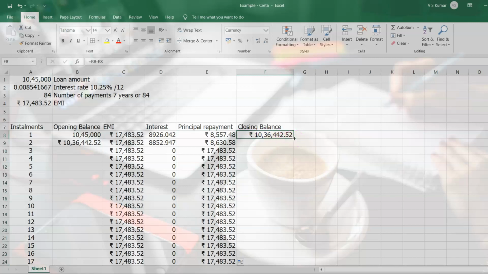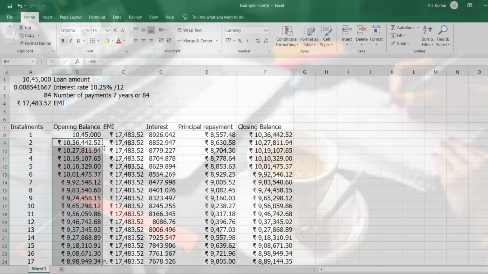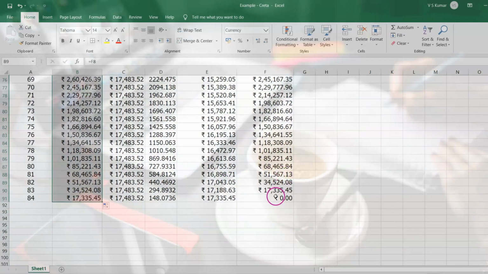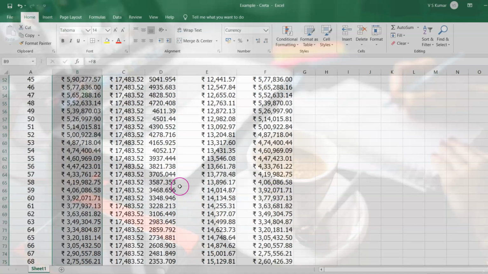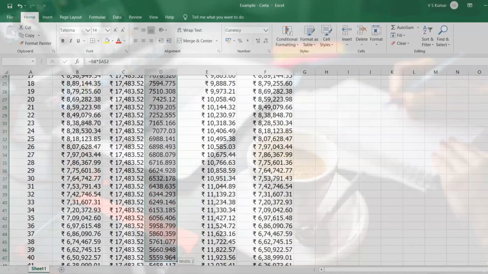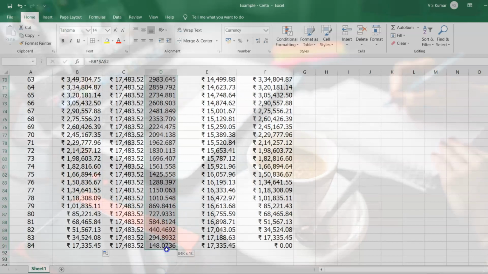Closing balance of the previous month will become opening balance for the next month. So on the 84th month, the scheduled outstanding balance shows 0. In the interest column, it shows more than 3 digits after the decimal point, so I'm reducing it.